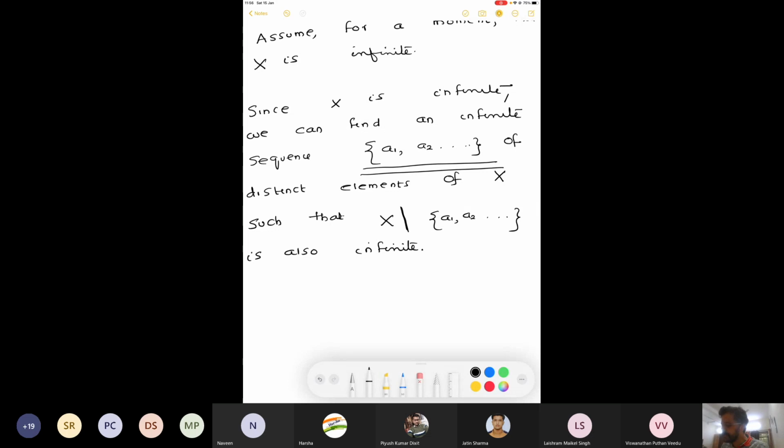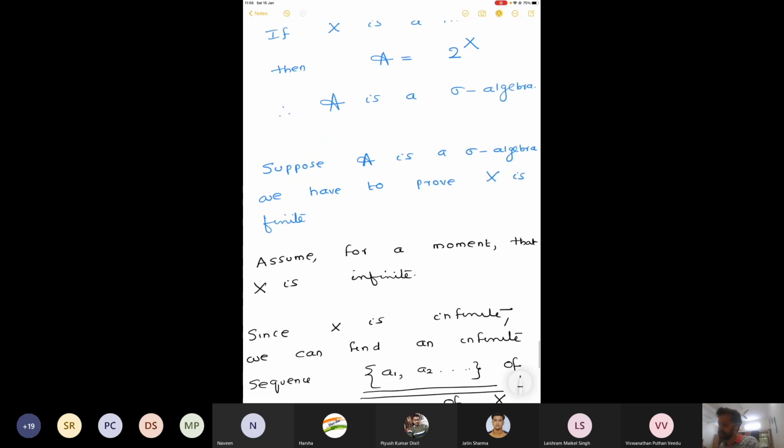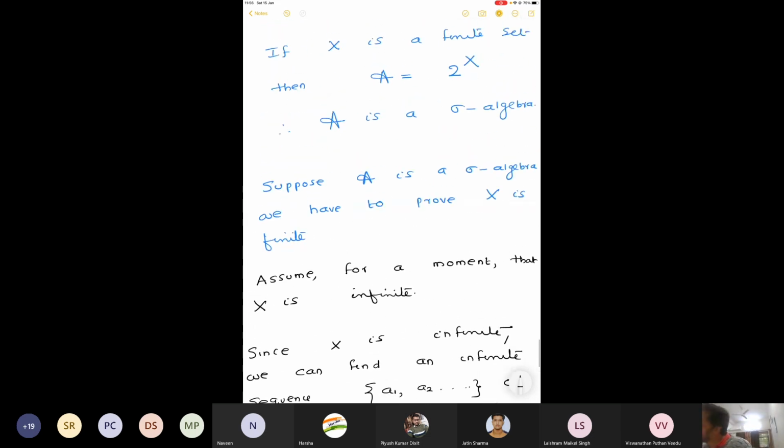Now my aim is to get a sequence of elements. What am I trying to do?